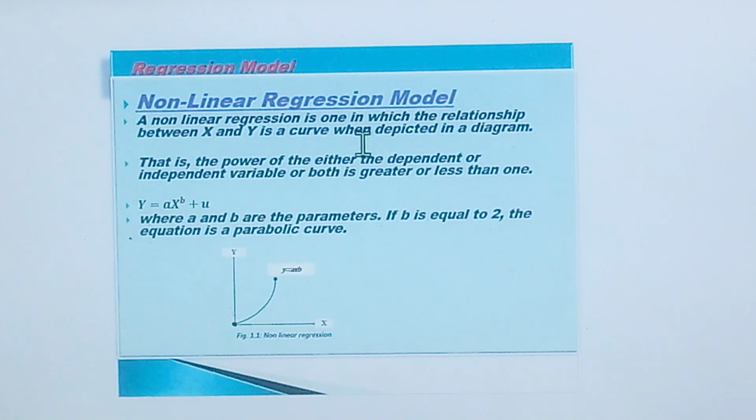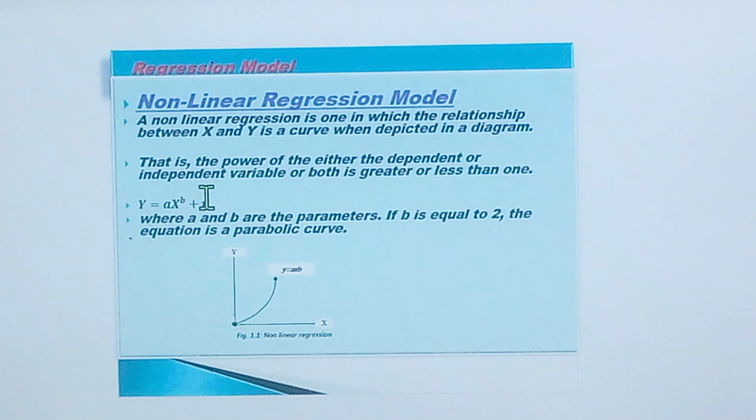Then, a nonlinear model, on the other hand, is one in which the relationship between x and y is a curve when depicted in a diagram. We have demonstrated that earlier. So we said that the power of either the dependent or the independent variable or both is greater or less than 1. If you look at y equals a x raised to the power b plus mu, for example, if b is equal to 1, then the model is a linear model.